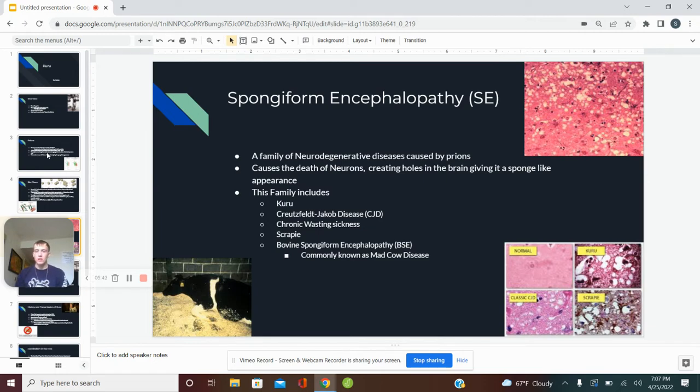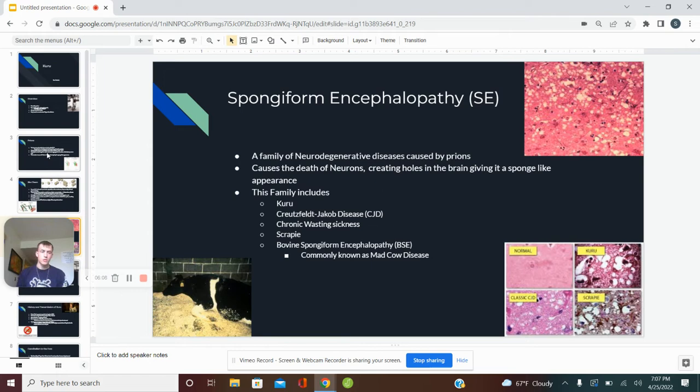This family includes a number of diseases, including Kuru, Creutzfeldt-Jakob disease, or CJD, of which there are a couple of different types in humans, chronic wasting sickness in deer, scrapie in sheep, and bovine spongiform encephalopathy in cows, which is commonly known as mad cow disease.